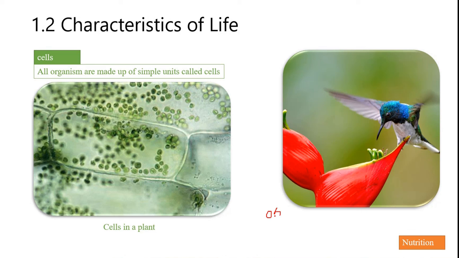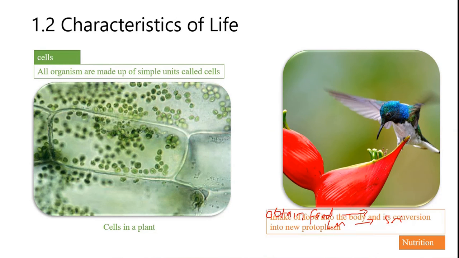Food is made of large molecules, so we need to break down the large molecules into small molecules. Then the small molecules of the food will change into energy. We need energy to survive. We need energy to live.